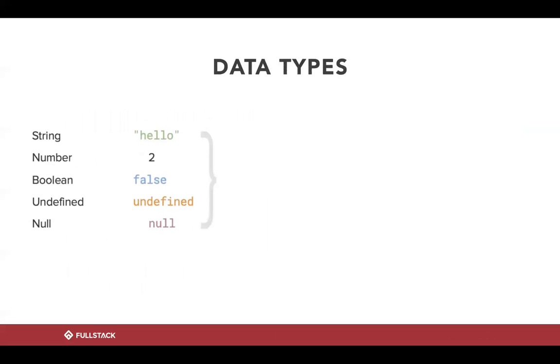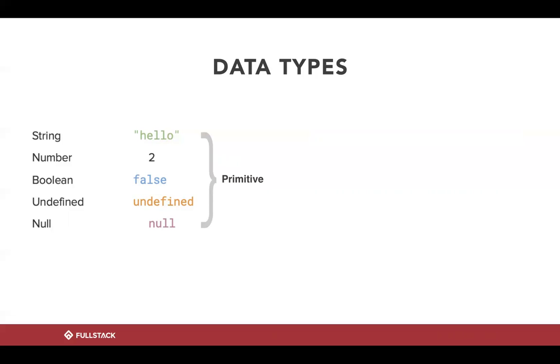Okay, data types. We have primitive types, which is just simple stuff. So strings, numbers, Booleans, which is a value that's either true or false. You have this thing called undefined, which basically means that the variable was never given a value. And then you have this thing called null, which means the variable has been given specifically an empty value, right?